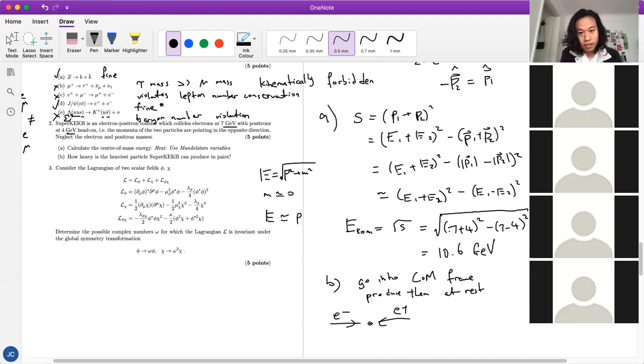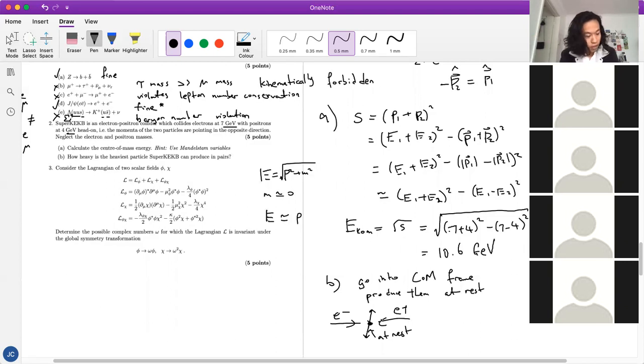And this collision point will be at rest from your center of mass perspective. So from this point onwards, all the energy is stored at this point and used to produce particles. If you produce them with some momentum, to conserve momentum they have to go off in opposite directions to cancel each other's momentum off. So that's just wasting energy on giving them momentum when they're just canceling each other out.